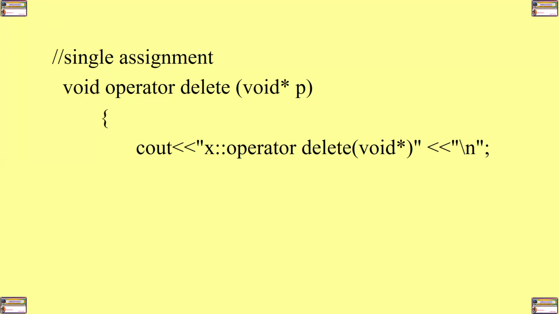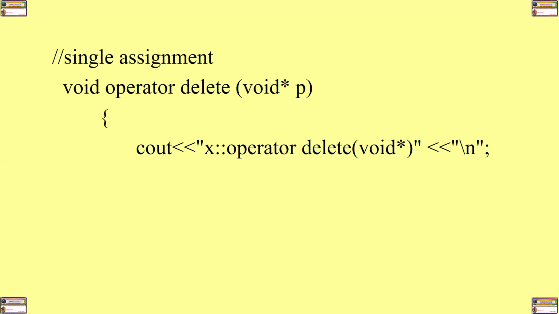the message that the operator delete, which is under the scope of X, is, in other words, let me rephrase. This statement is going to display the message X scope resolution operator, operator delete, void.